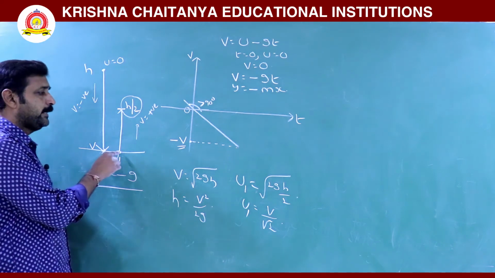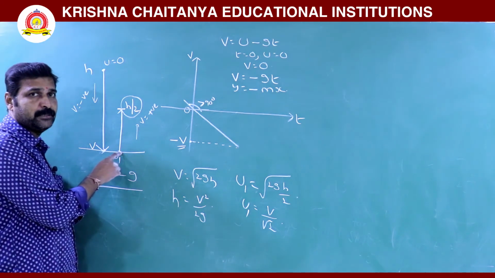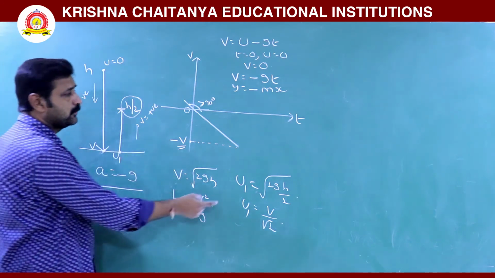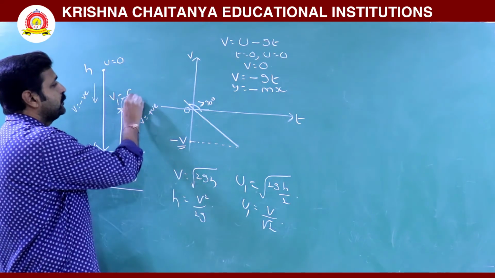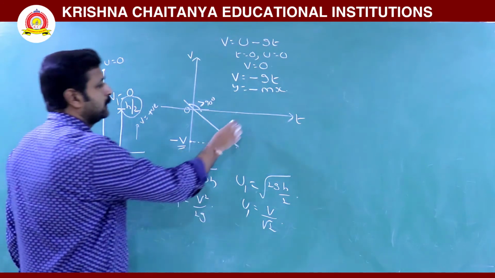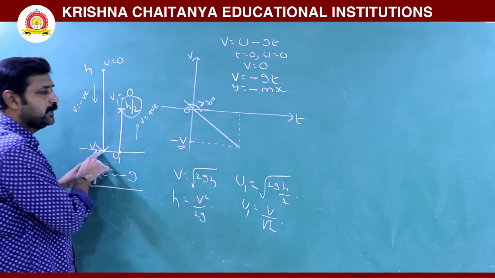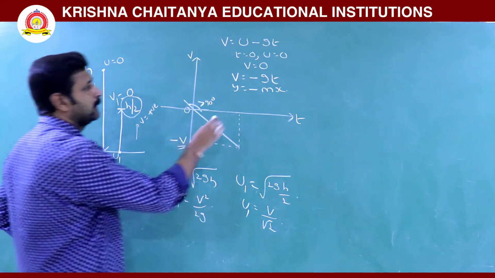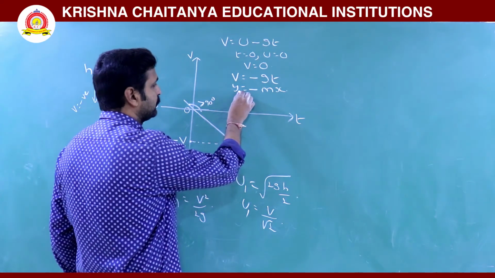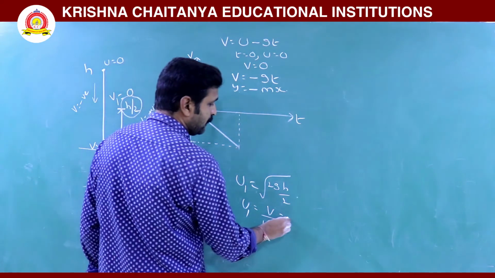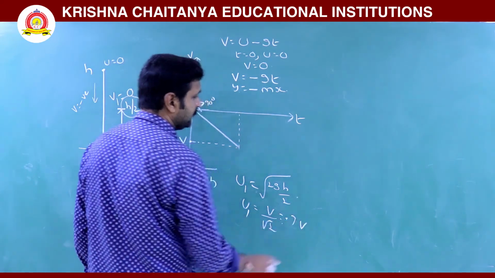When it is moving in the vertical upward direction, after some time the velocity again equals 0. The final velocity v1 is 0 for this vertical motion. Up to this time it touches the ground. Hereafter velocity is positive, equal to v by root 2, which is 0.7 v, so 70% of v.